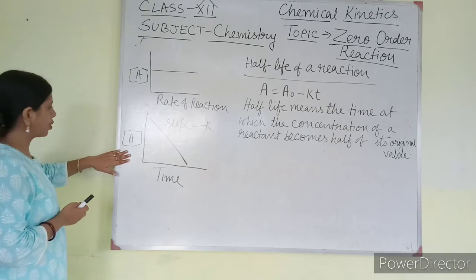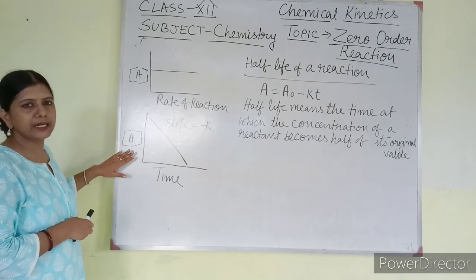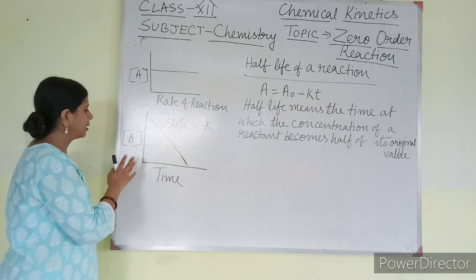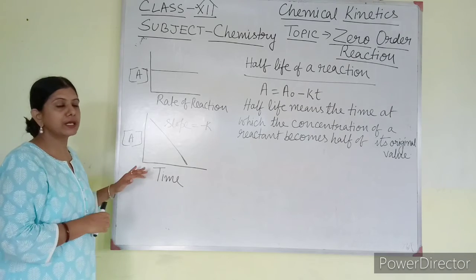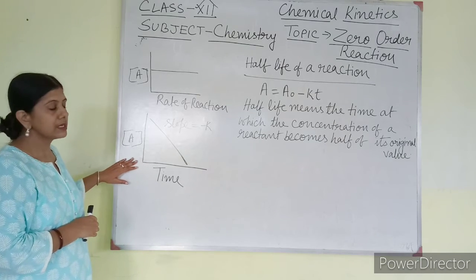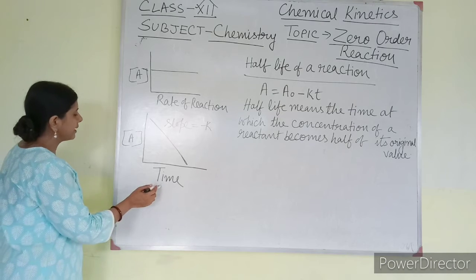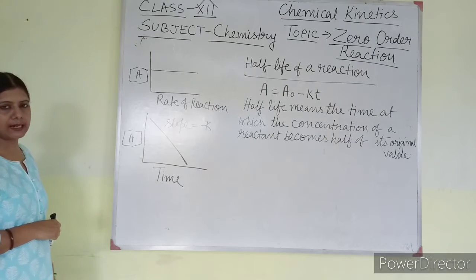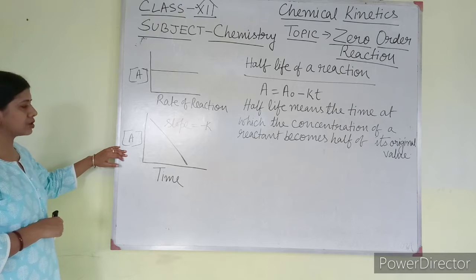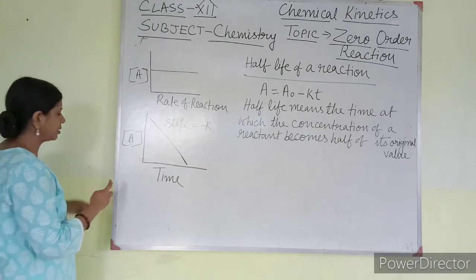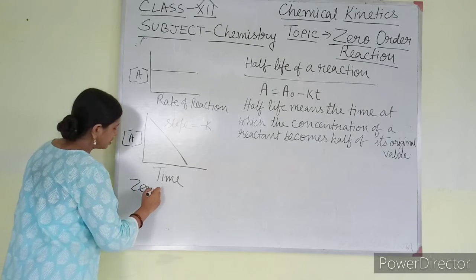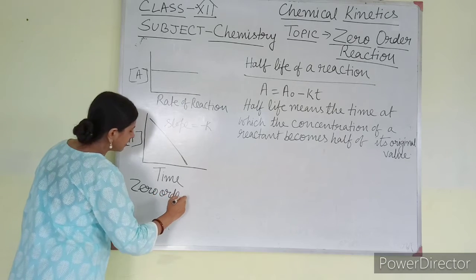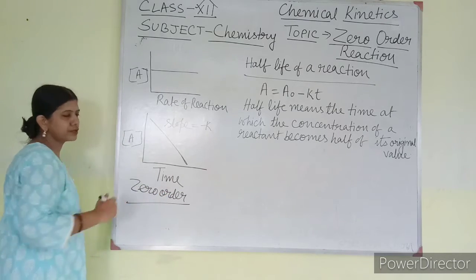Another graph of zero order, this is very important. In many exams you will get questions related to this graph. This is time versus concentration of the reactant for zero order. You will get a graph with negative slope.